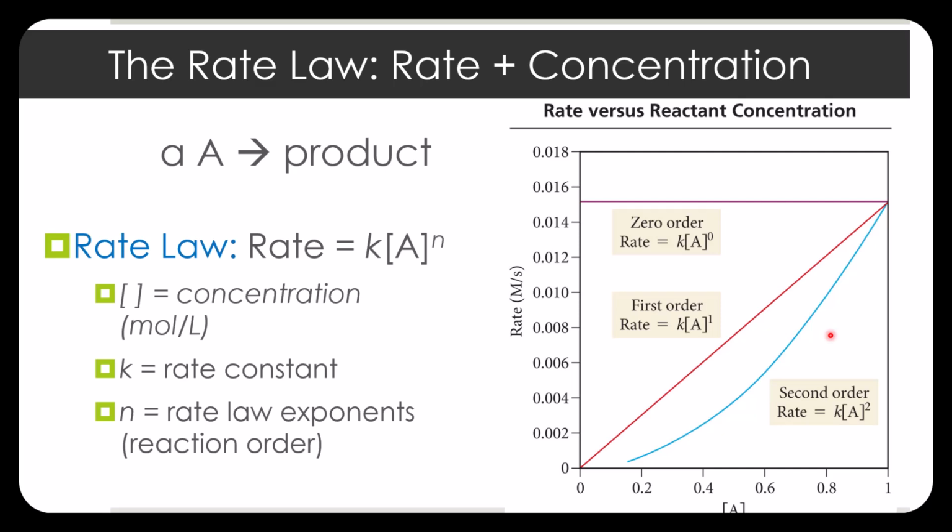This is just a brief overview of these three. We have to determine orders experimentally. So in the next video, we're going to look at some data and be able to predict this is a first order, this is a second order, this is a zero order.